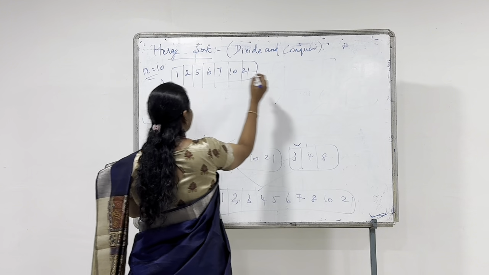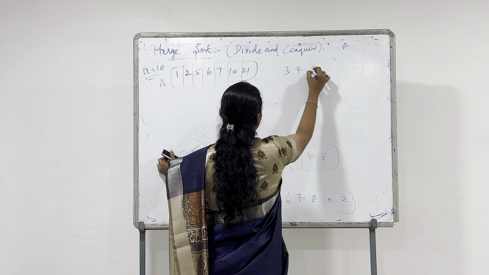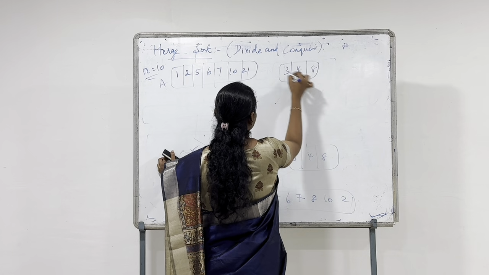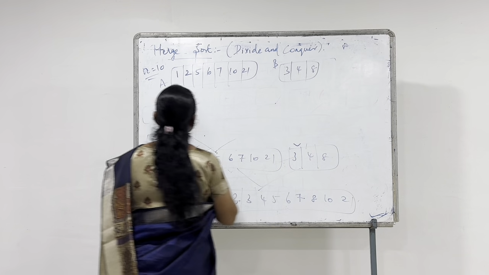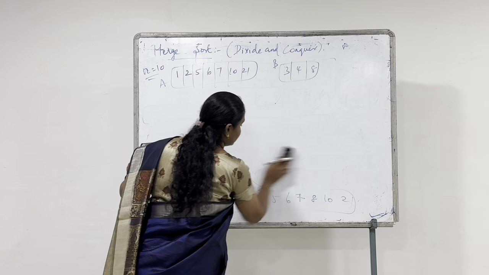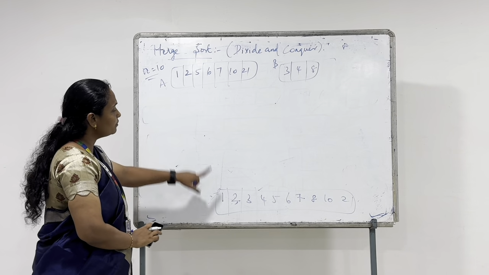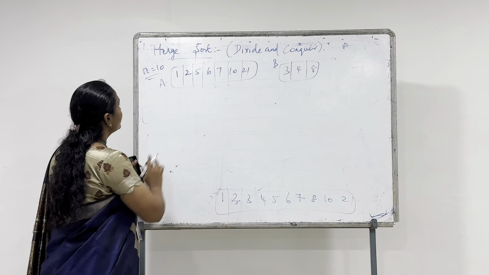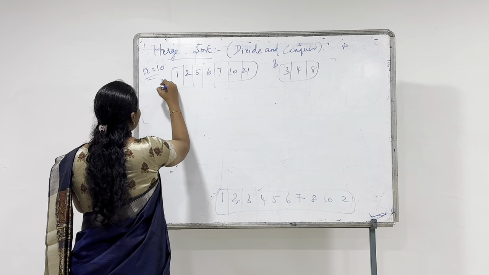Take this as A array and this as B array. After implementing the merge sort algorithm, we are going to finally get this sorted array.